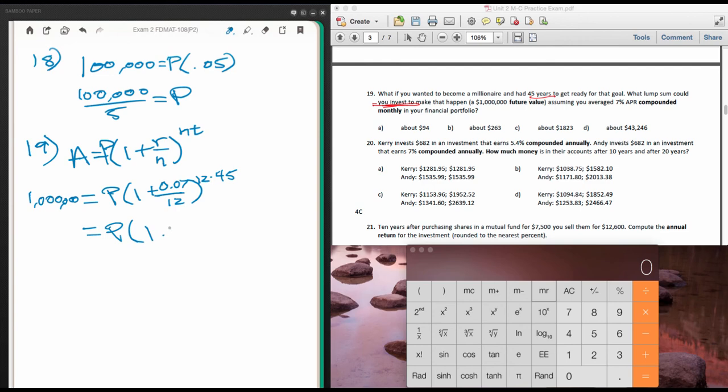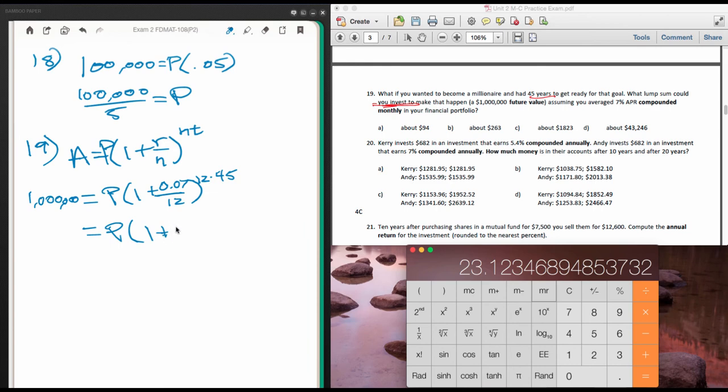P times 1 plus, now we'll do 0.07 divided by 12. It's going to give us a long number. We'll add 1 to that, and we'll raise it to the power of 540. If you remember, that was our previous 12 times 45. So we get 23.1234689.